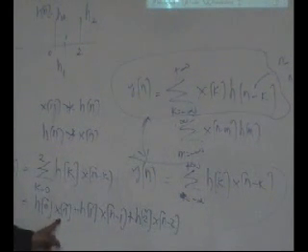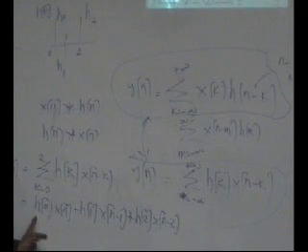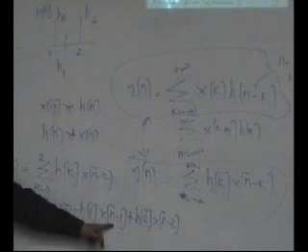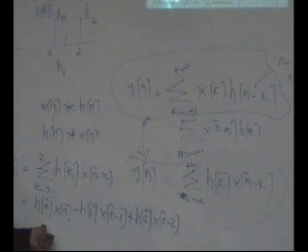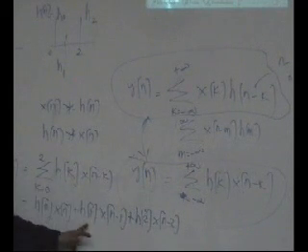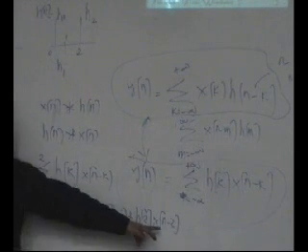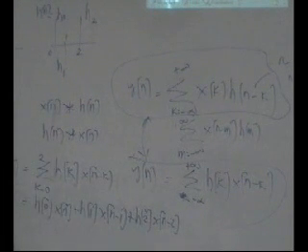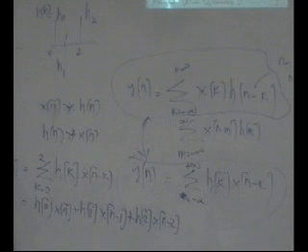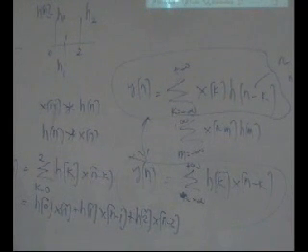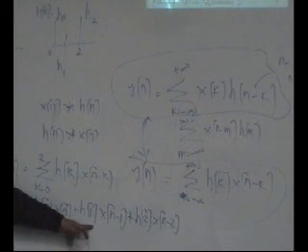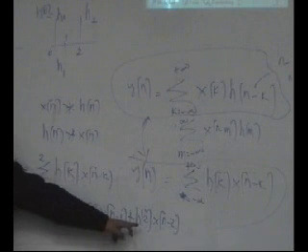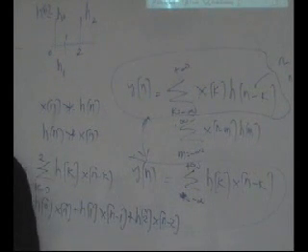Take the current sample, multiply it with h0. The previous sample, x of n minus 1, is the previous sample; if you are computing the nth sample, this is the current sample. The previous sample is multiplied with h1 and the previous to previous sample multiplied with h2. So in words, this is a linear time invariant system in which the current sample will be multiplied by h0, the previous sample by h1 and the previous to previous sample by h2.